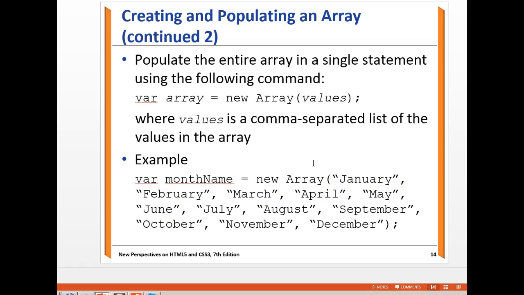Rather than, as I mentioned before, having monthName with the array index of 0 equals January, and then writing monthName index of 1 again, you can have them all in a single statement like this example here.